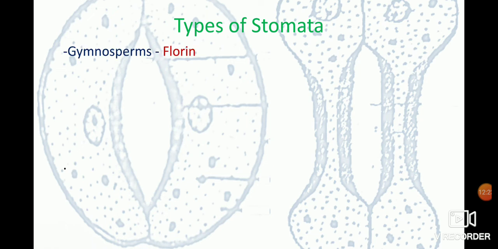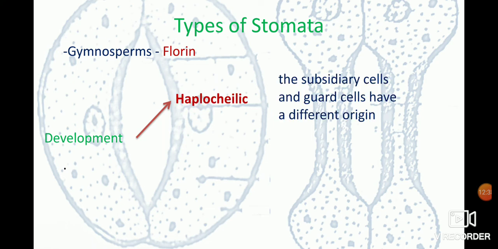Then in gymnosperms, Florin identified two types of stomata based on the development of the stomata. First is the haplocheilic type of stomata, in which the subsidiary cells and guard cells arise from different origins, that is, they arise from different mother cells.